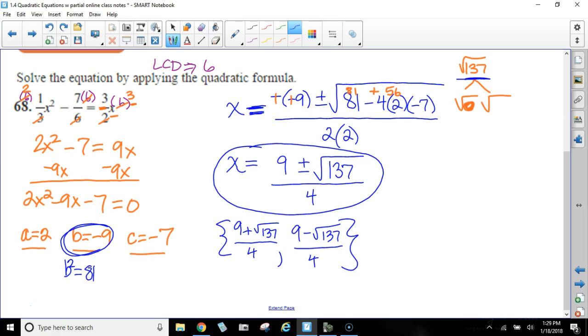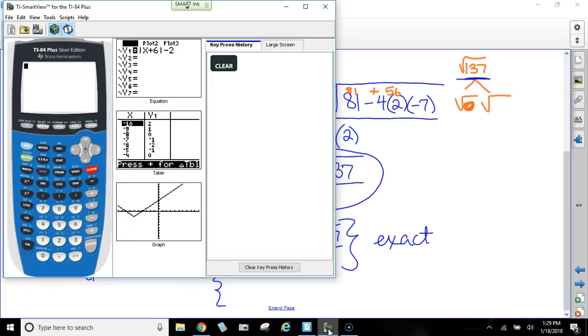Now, this is a good place to talk about, yeah, that's the exact answer. But what in the heck are these numbers? If we were going to estimate these, say round to the nearest tenth, I would come over here to my calculator. I would ask my calculator, what is 9 plus the square root of 137?